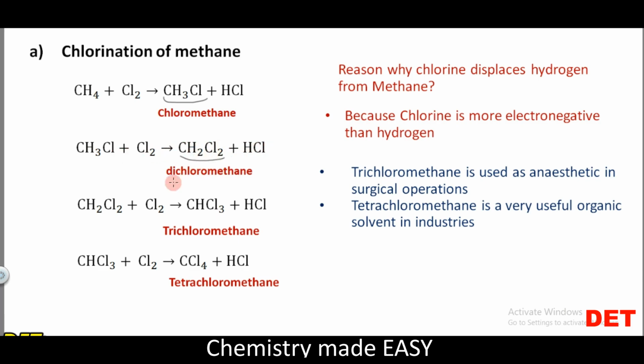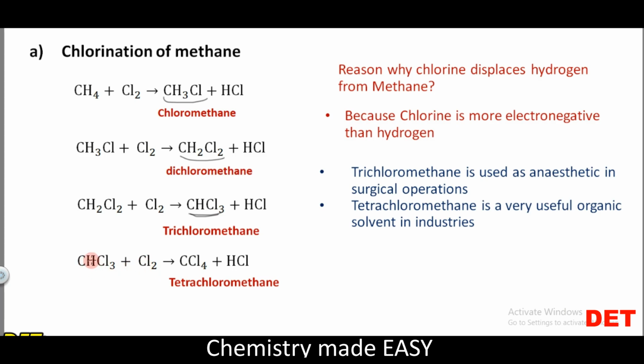When this dichloromethane then reacts with another chlorine, it will give you trichloromethane. It will displace one of these hydrogens and replace it, and form trichloromethane and hydrogen chloride. When this trichloromethane then reacts with another chlorine, it will give you tetrachloromethane.